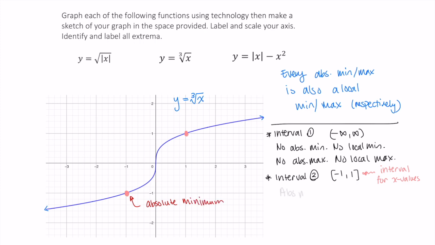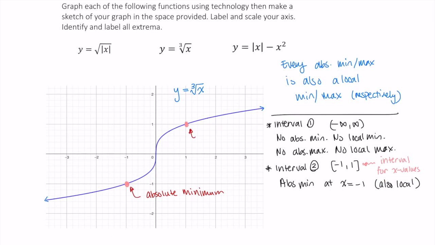We have an absolute min located at x equals -1. As an ordered pair, that's at (-1, -1). But I'll just leave it like this. This is also local. And we also have an absolute maximum here at x equals +1.